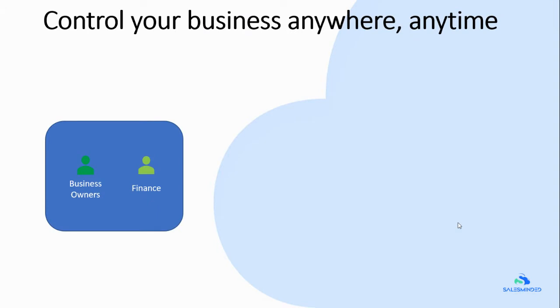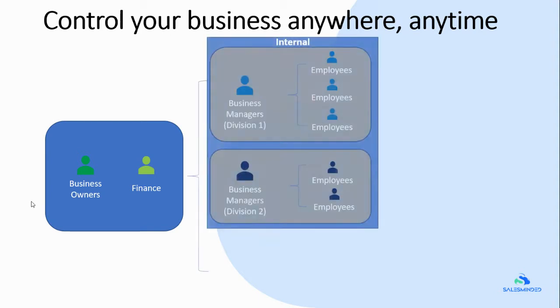So we're going to walk through a bit of the user controls. The business owners and finance are usually the business management users, who can see the entire functionality of the system. From this, you can manage internal sales divisions. In this example, we have two divisions and two managers assigned to these divisions.